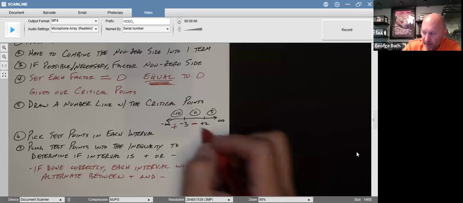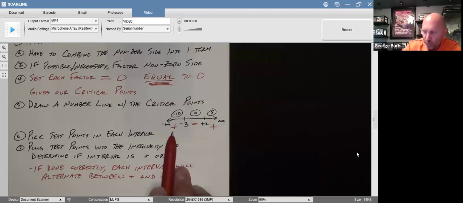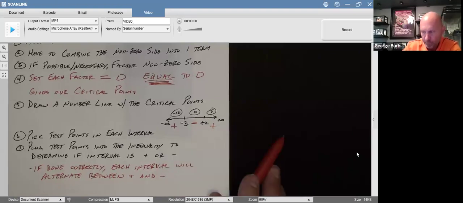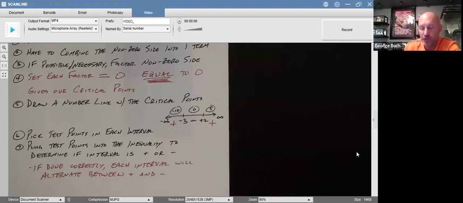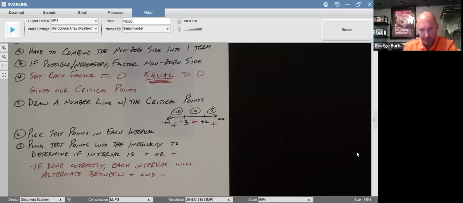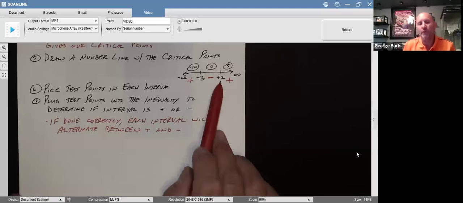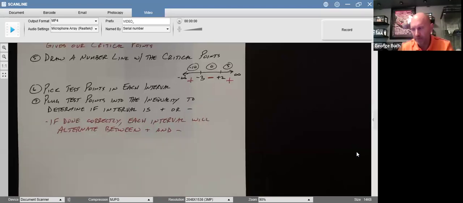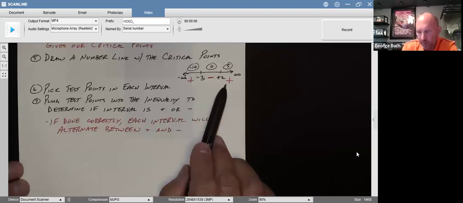If I plug in 5, this better be positive because these intervals should go plus, minus, plus, minus, etc. If I had plus, plus, plus, I know I did something wrong because you can't have the same sign from one interval to the next. Like I said, these are what are called critical points. This is where that inequality changes from positive, then to negative, then back to positive, etc.